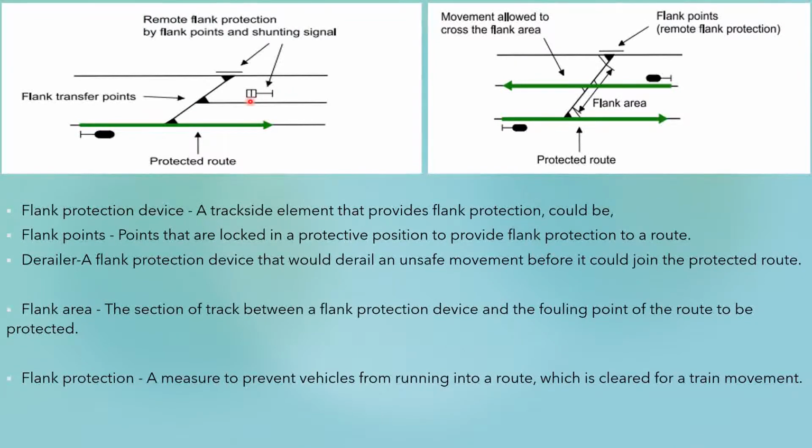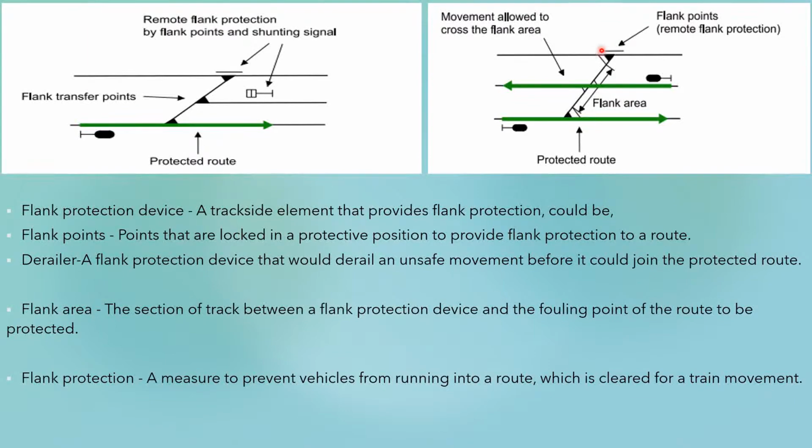Also to protect the main line, or the movement authorized on the main line, from any train coming from the shunting line and moving to the main line over here. This is a flank protection.